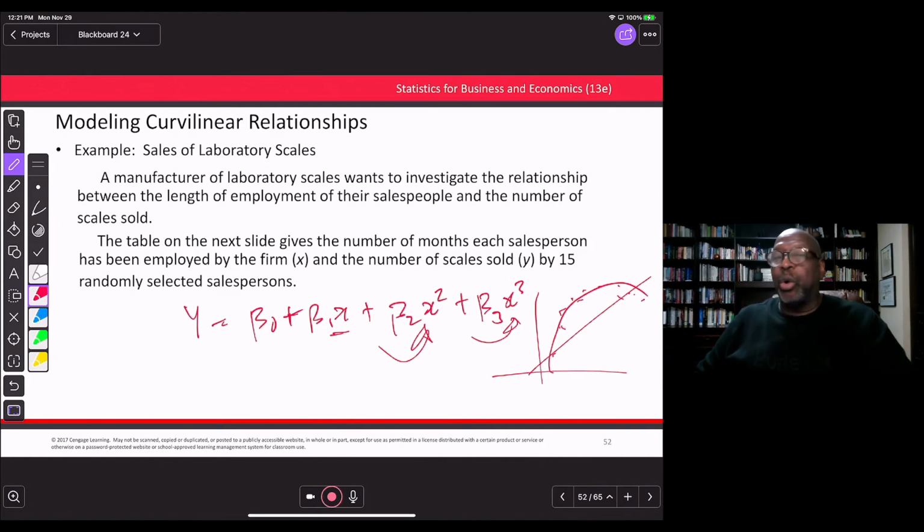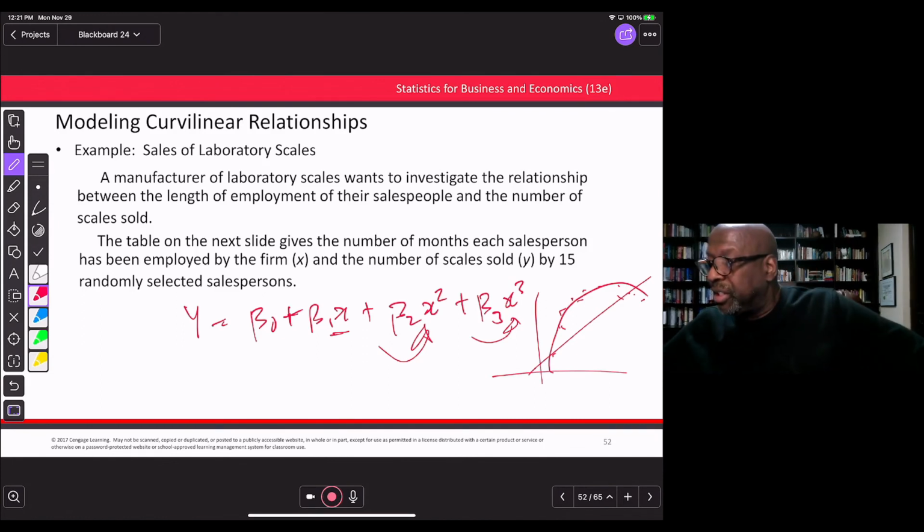If you believe that it's a quadratic, say order 2, then what you can do is this variable x could be your x1, and then you could create x2, which would basically be your x squared.